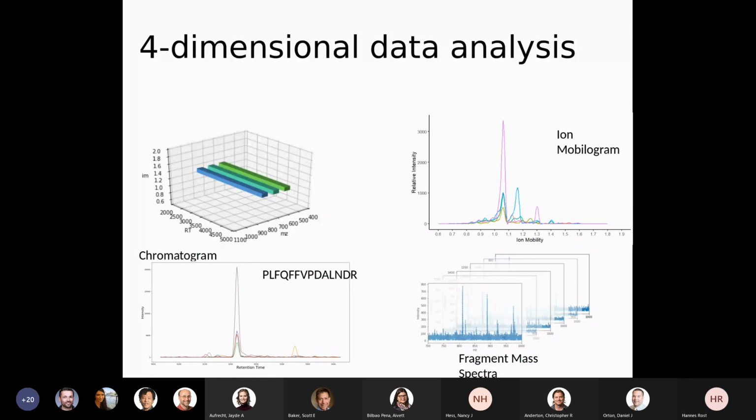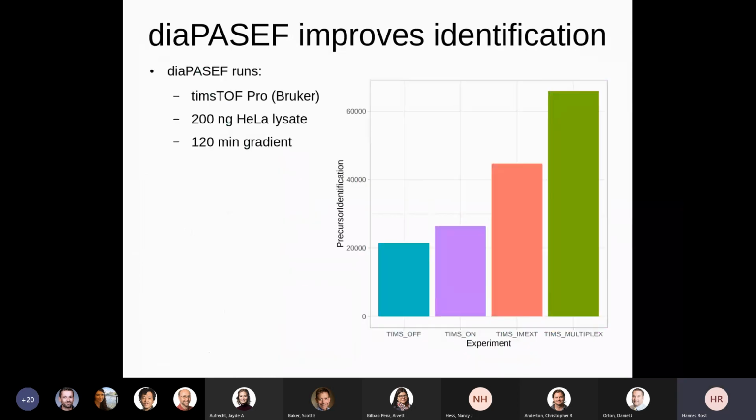score. So when we look at the results of a single injection using our HeLa library on a timsTOF Pro from Bruker, using 200 nanograms of HeLa cell lysate on a 120-minute gradient, we actually could simulate the advances of our method relatively easily.